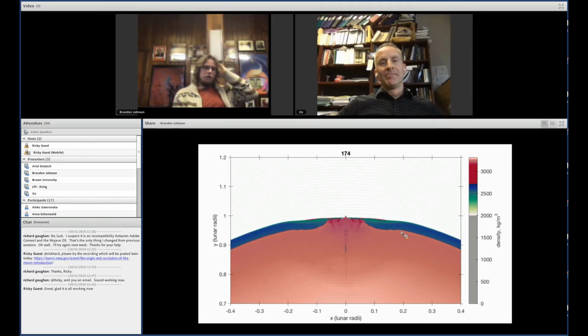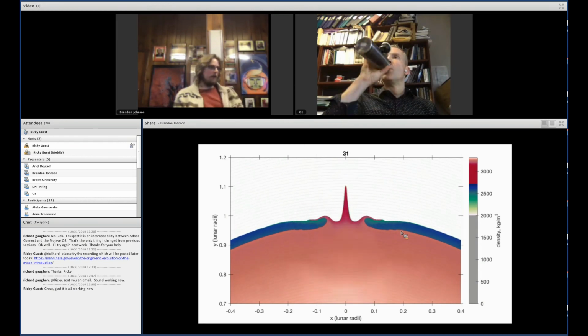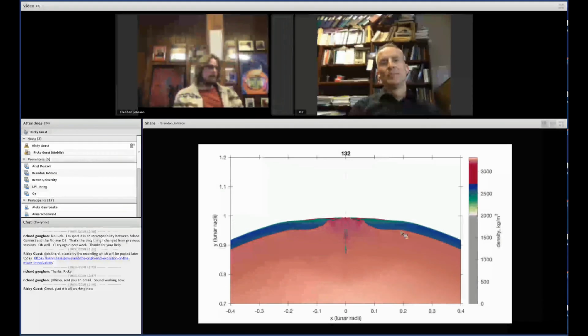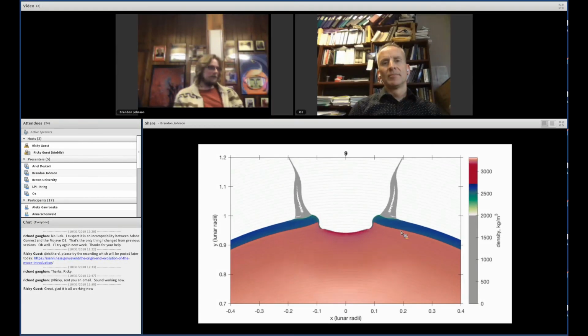I would say probably more GRAIL and gravity measurements have done more for that, as well as Apollo seismic experiments. Those are really where we get the estimates of crustal thickness from, and we use those constraints in our models. Compositionally, there might be something more to say. I don't know if Oz wants to touch on that.